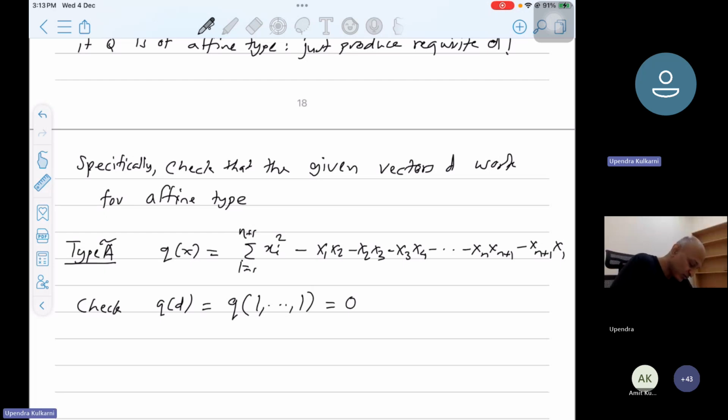And now you should just check, which I will leave for you to do, that you calculate the associated bilinear form and show that d of x is equal to 0 for all x in Z^(n+1). So check this.